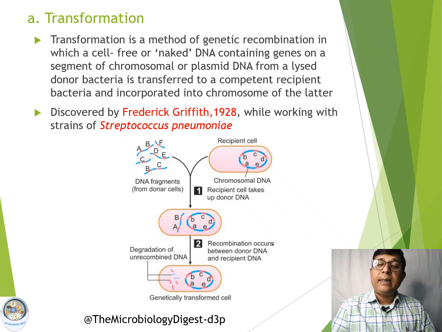So here naked DNA is transferred from one bacterium to another. This method was discovered by Frederick Griffith in the year 1928 through his beautiful experiment on the bacterium Streptococcus pneumoniae.